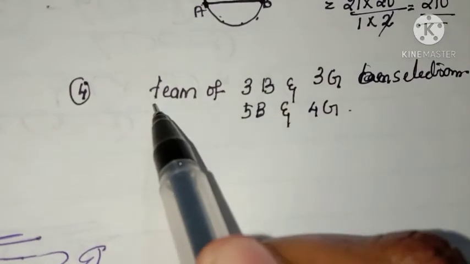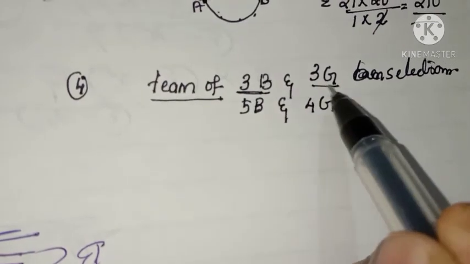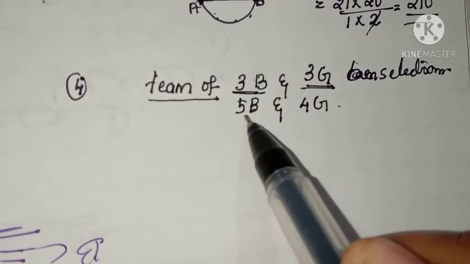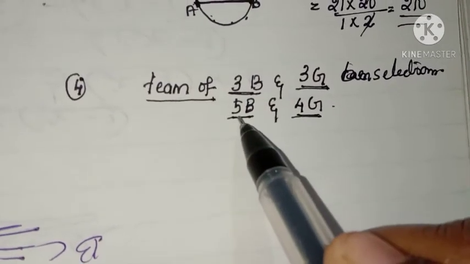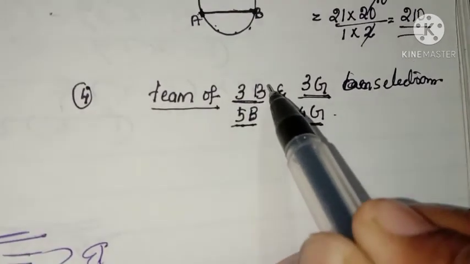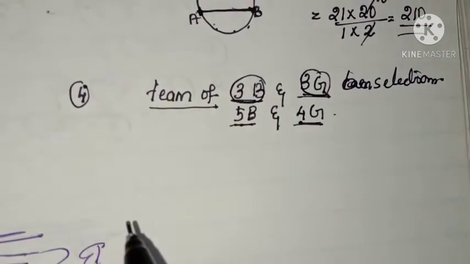So we need to form a team. A team consists of 3 boys and 3 girls. We have total 5 boys and 4 girls. So from these 5 boys and 4 girls, we need to form a team of 3 boys and 3 girls.